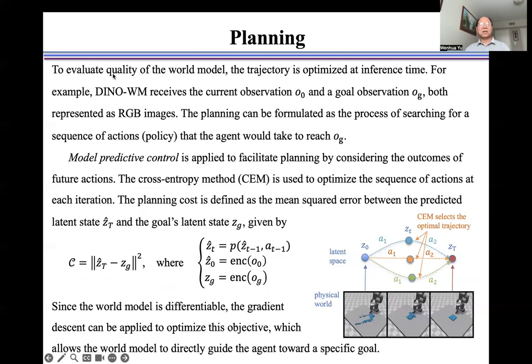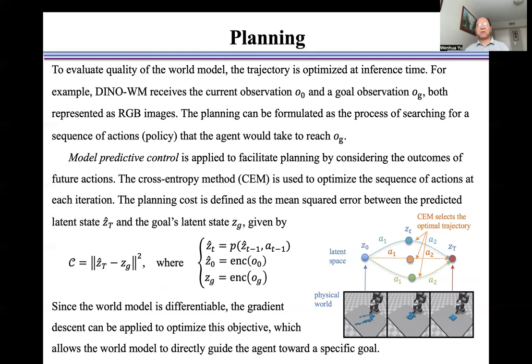To evaluate the quality of the world model, the trajectory is optimized at inference time. For example, the DINO-WM model receives the current observation O0 and goal observation OG, both represented as RGB images.